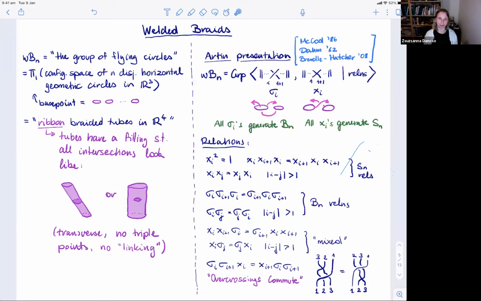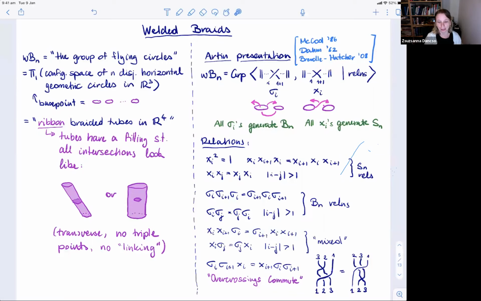That's the welded braid group. The welded braid group has a finite presentation, very similar to the Artin presentation of the ordinary braid group. And this is by a number of people in the 80s and up to the early 2000s. So I think the general statement is by Brendle and Hatcher from 2008, but building on work by other people.